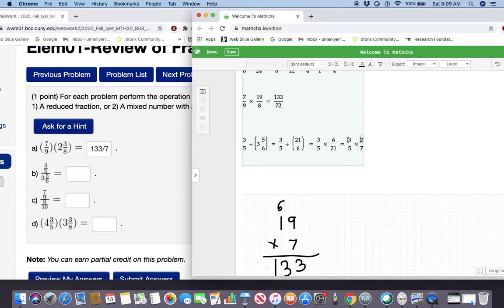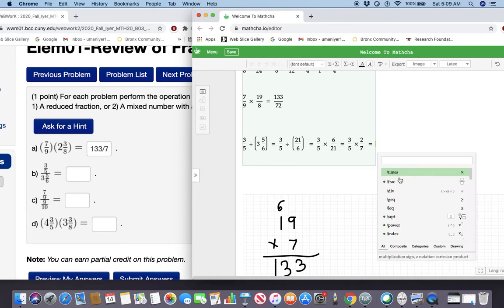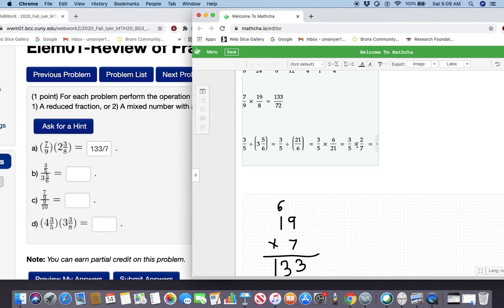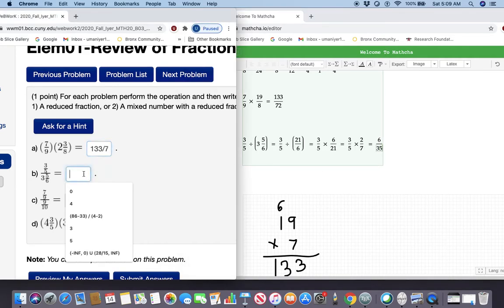Now nothing in the top cancels anything in the bottom; there are no common factors in all of the numerators and all of the denominators. So I can simply multiply. 3 times 2 is 6, 5 times 7 is 35. So I have 6 over 35.